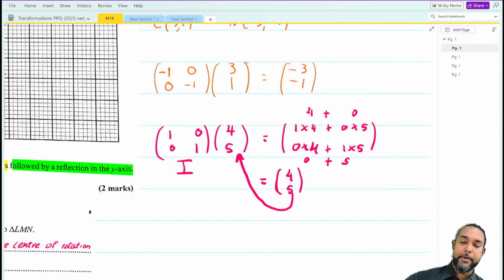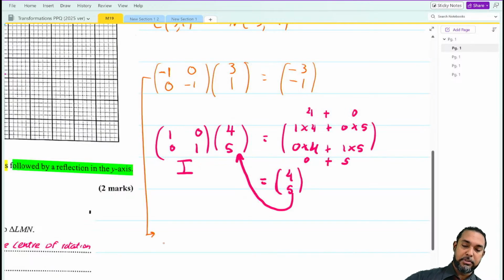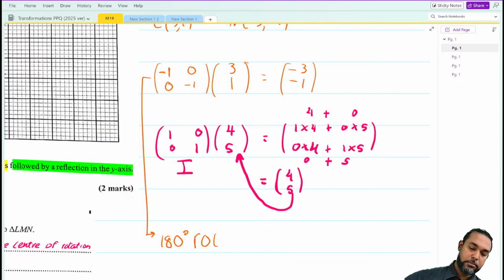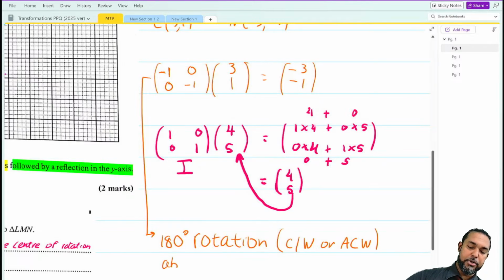So this matrix here, that's the matrix they're asking for. Right? So this is a 180-degree rotation, either clockwise or anti-clockwise, about the origin, or with the origin as the center of rotation.